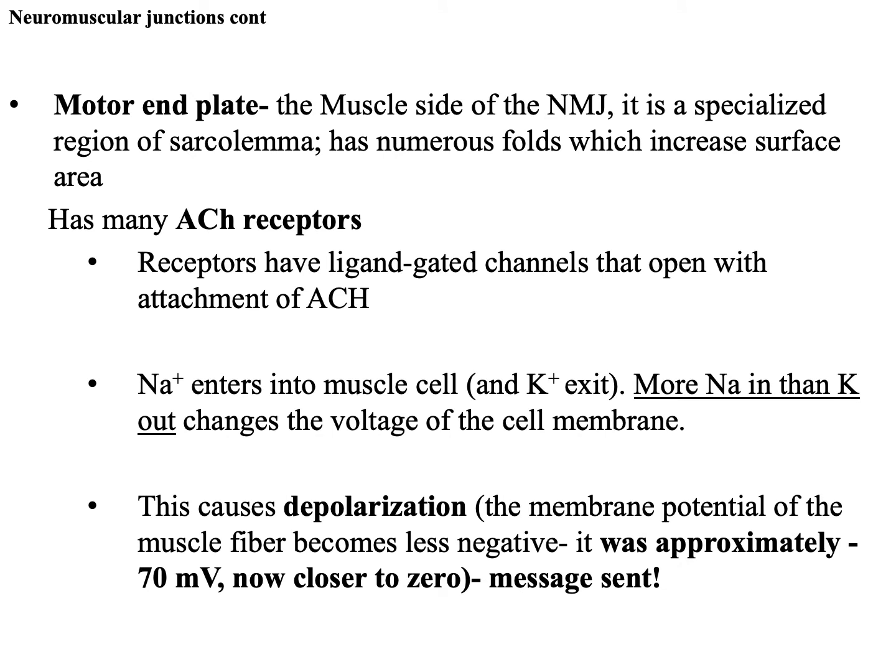So on the motor end plate, you have these protein channels that have acetylcholine receptors. The acetylcholine binds to those acetylcholine receptors. So the acetylcholine is a ligand. That's its name because he's the key to the gate. When that acetylcholine binds to the receptor, the gate opens.